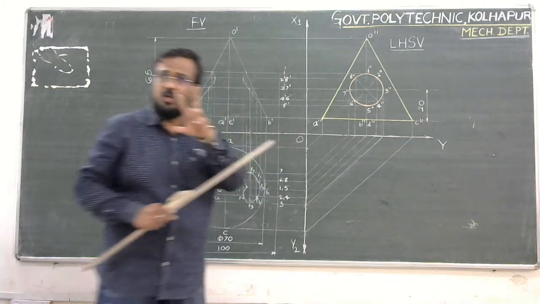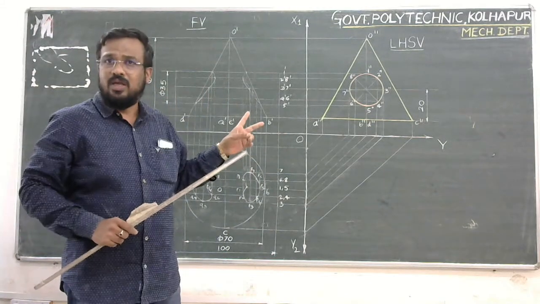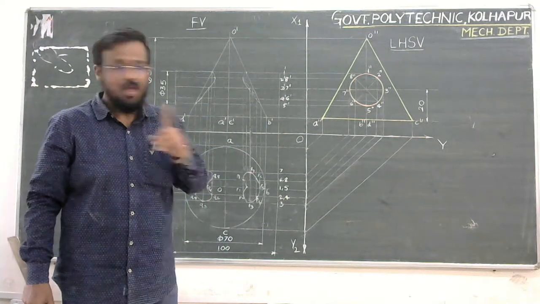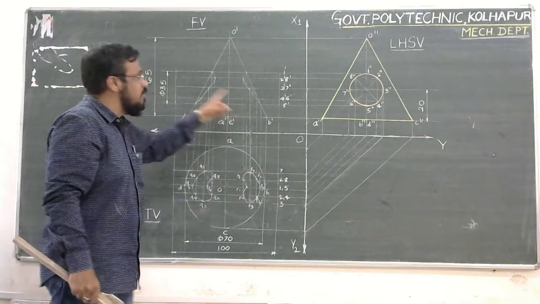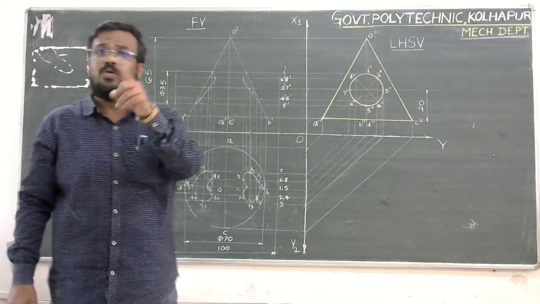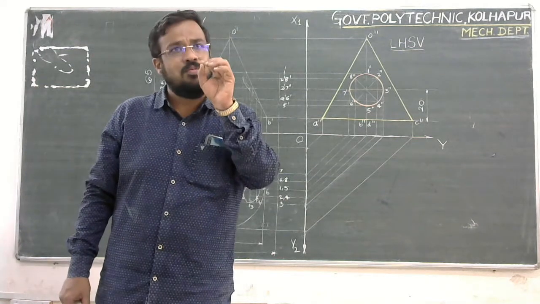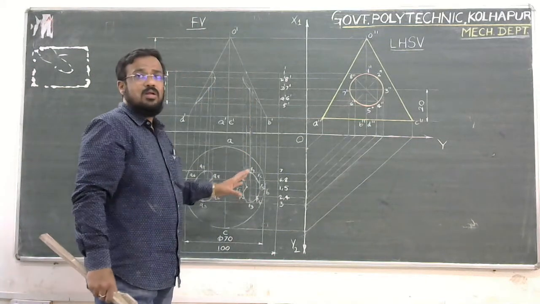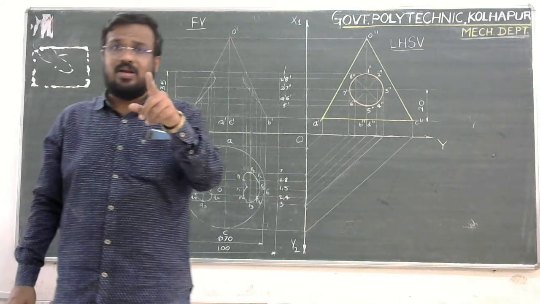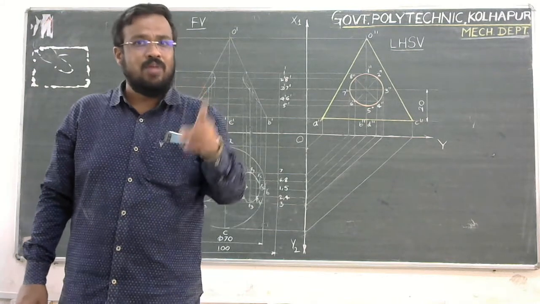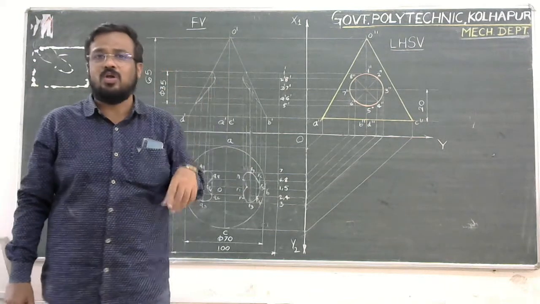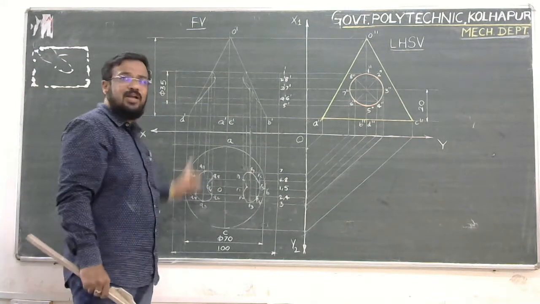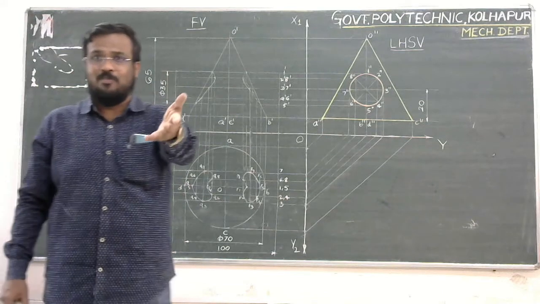There are basically two methods with which you can draw this intersection. The first method is the cutting plane method. The problem which I have described here is solved with the help of the cutting plane method, because it is the easiest and simplest method to draw the intersection. And the second method is the line method. In the line method, if you remember, we studied in projection of solids and section of solids that we divide the cone into an equal number of parts.